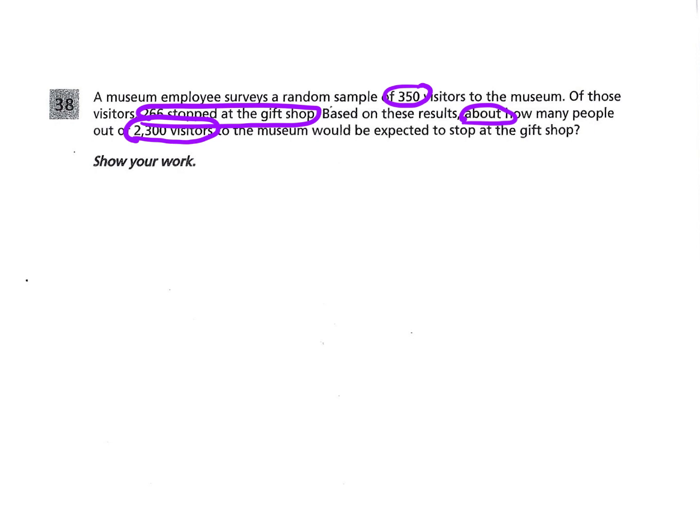Make a prediction. Let's calculate the rate for the sample that's been studied. Step 1. The probability that they're going to stop at the gift shop for the next shopper can be figured out by taking part over total, or in this case, a total of 350 were surveyed and 266 stopped at the gift shop.